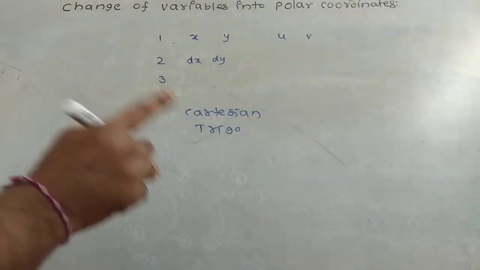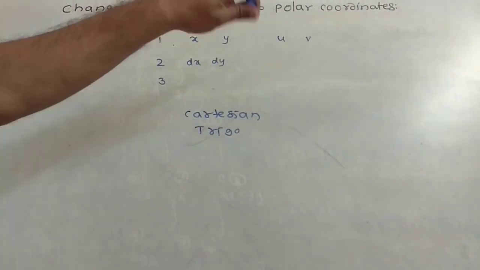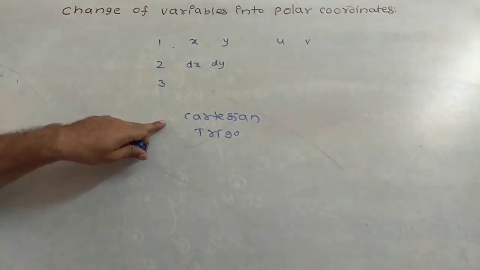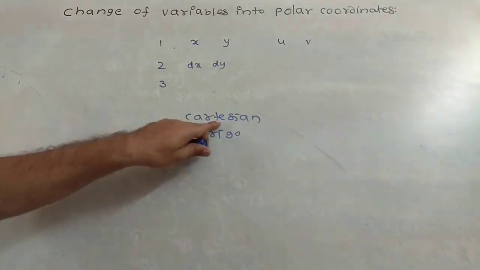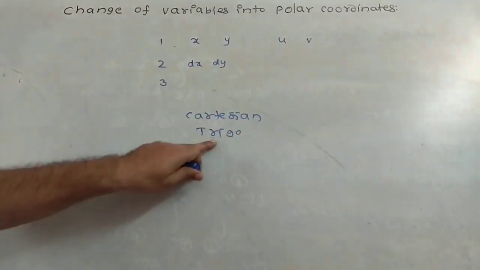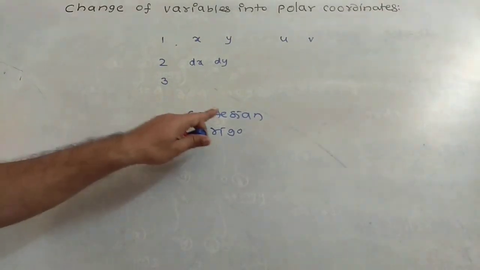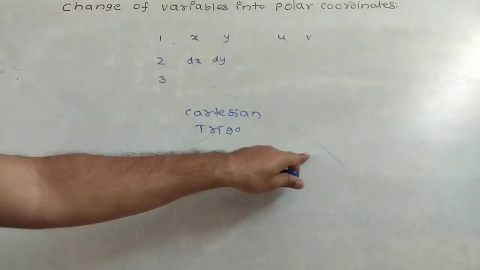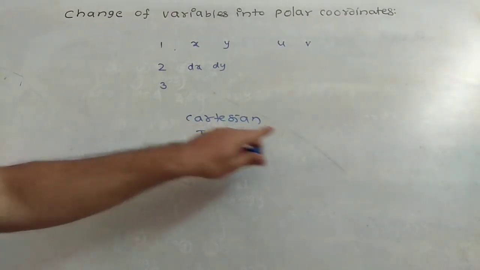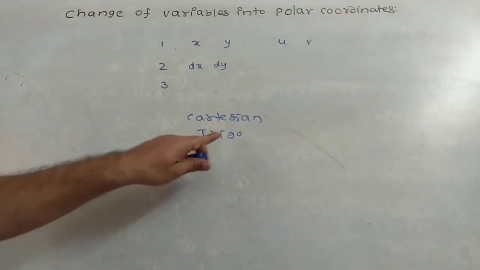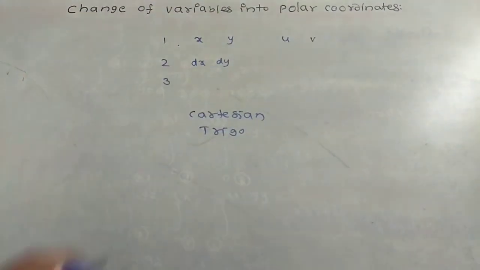That type of process we call polar coordinates. So change of variables in double integrations is basically divided into Cartesian coordinates and polar coordinates. Cartesian means converting into two new variables; converting into trigonometric variables, we call it polar coordinates.